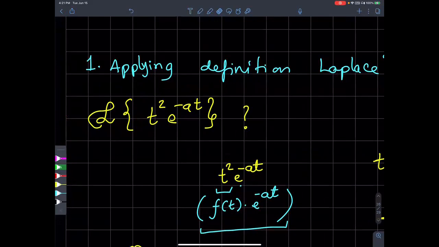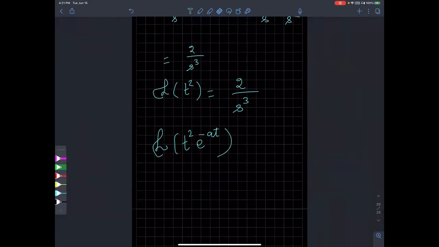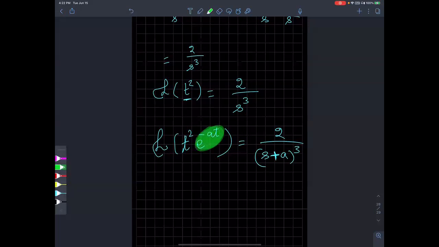In order to do that, if you see here, I have the Laplace transform of t squared. Scaling it by e to the minus at is simply going to shift the s domain variable, adding a to the s domain variable. This brings in this additional a.